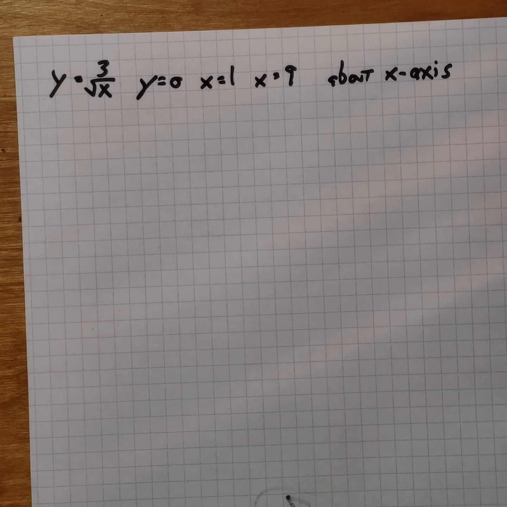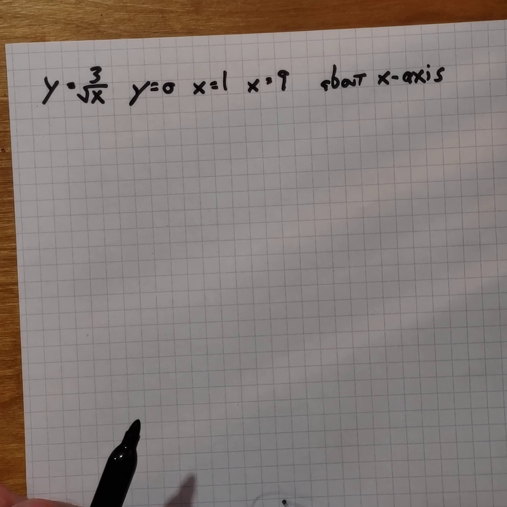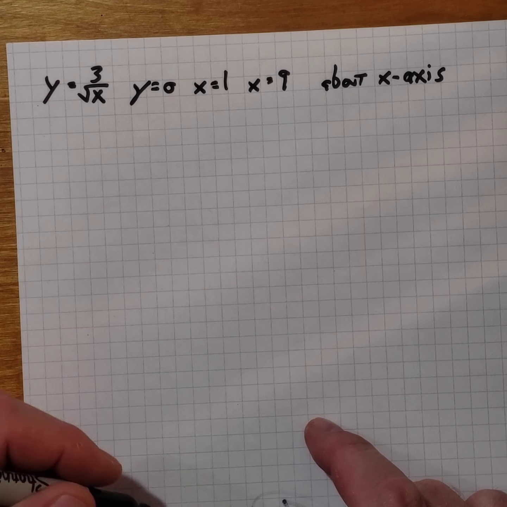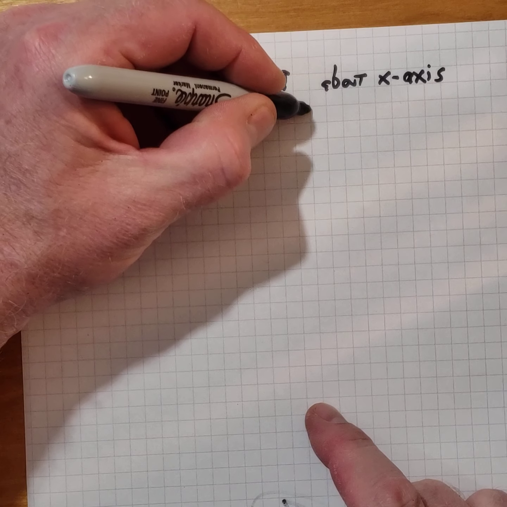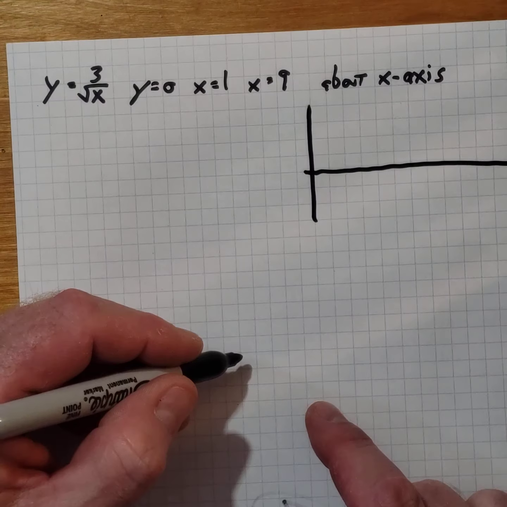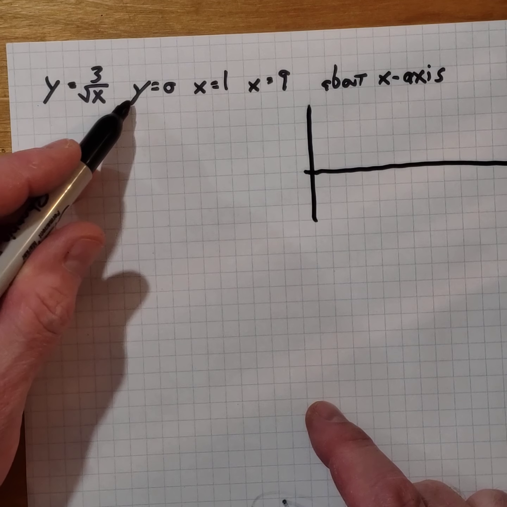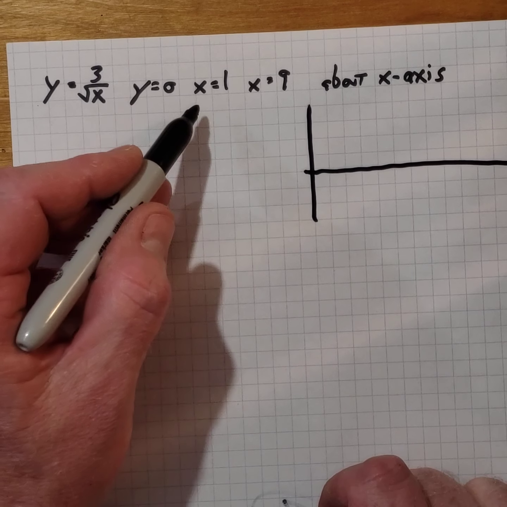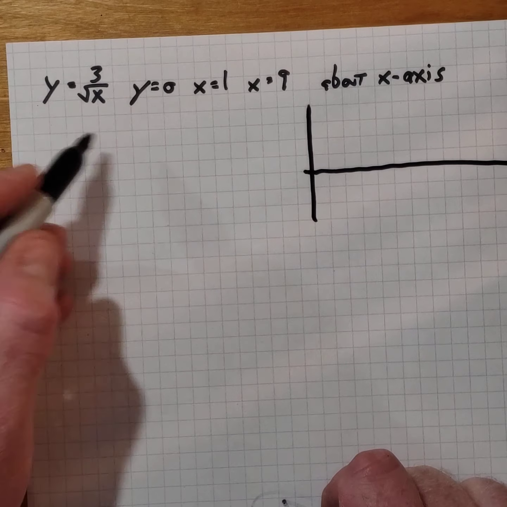Let's do one more. y equals 3 over the square root of x, y equals 0, x equals 1, and x equals 9, rotated about the x-axis. So what the heck is this going to look like? Well, y equals 0 is the x-axis. 3 over the square root of x at 1, right? If we put a 1 in there, it'll be 3.